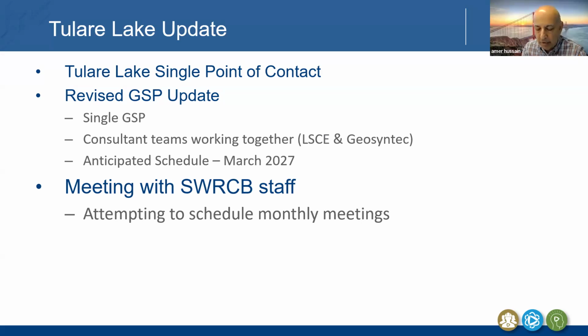If we're going to have this done by March of '27, we've got a lot of ground to cover. So we've got meetings scheduled between now and February of next year.